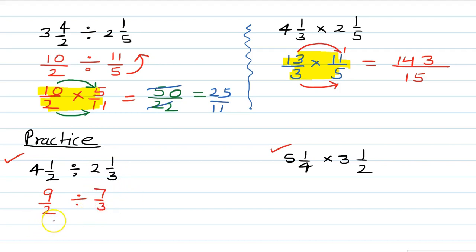So what you need to do, write down the first fraction as it is, change the division sign to a multiplication sign, and flip it. 7 over 3, you can write 3 over 7. So multiply top number and bottom number. So 9 times 3 is 27 and 2 times 7 is 14. Is there any timetable where 27 and 14 come?